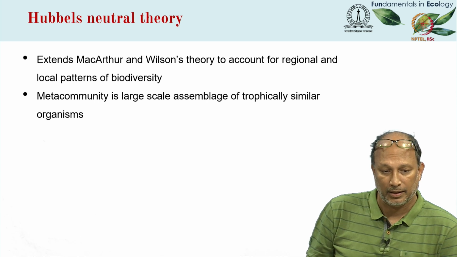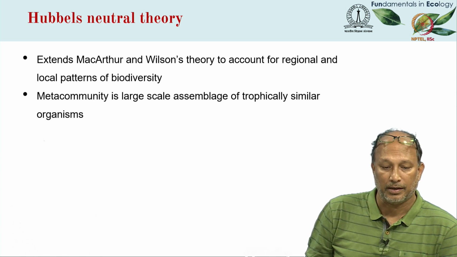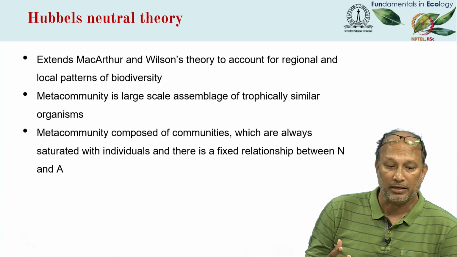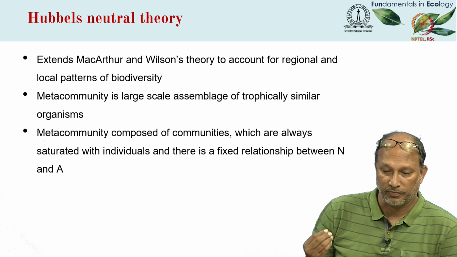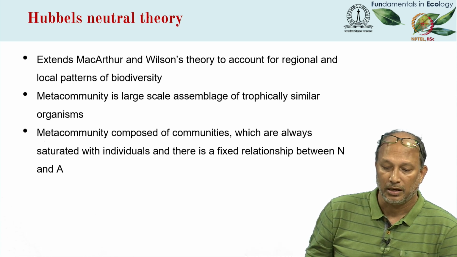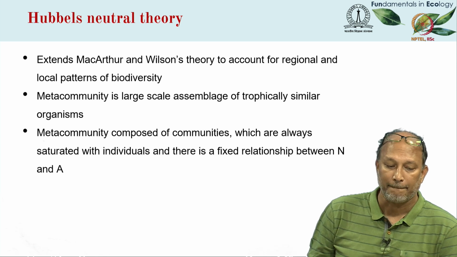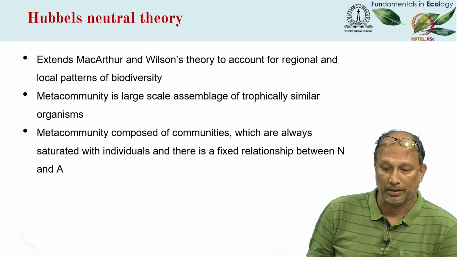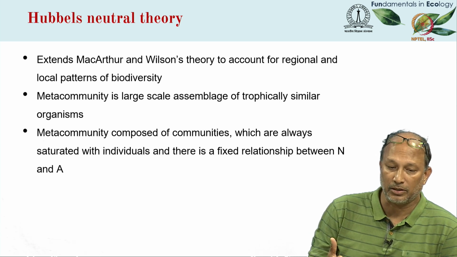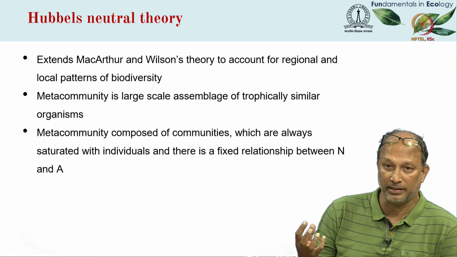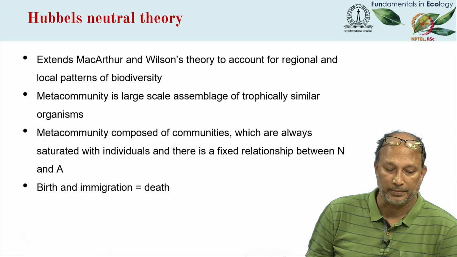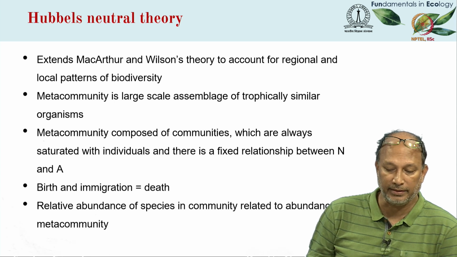In Hubbell's theory, he postulated meta-communities as assemblages of trophically similar organisms. This meta-community is composed of sub-individual communities which are always saturated with individuals, and there's a fixed relationship between the number of individuals and area. Now, the extension here of MacArthur and Wilson's theory is that each of these individual communities is isolated from each other. Birth and immigration is equal to death.